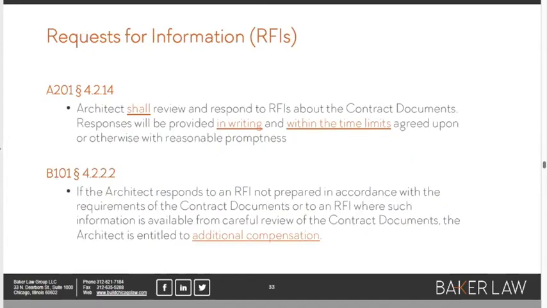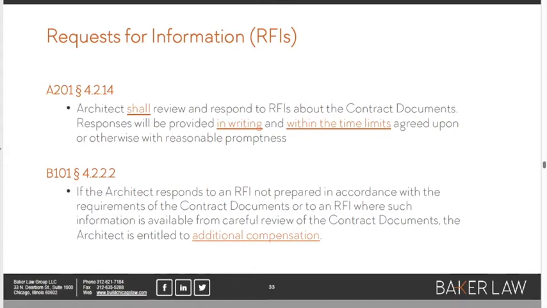Let's talk about some further specific requirements, and let's talk about coordination between the A201 general conditions and the B101 owner-architect agreement. Let's look at RFIs. The architect shall review and respond to RFIs in writing. This is one of the times where the architect has to produce a writing within the time limits agreed upon.